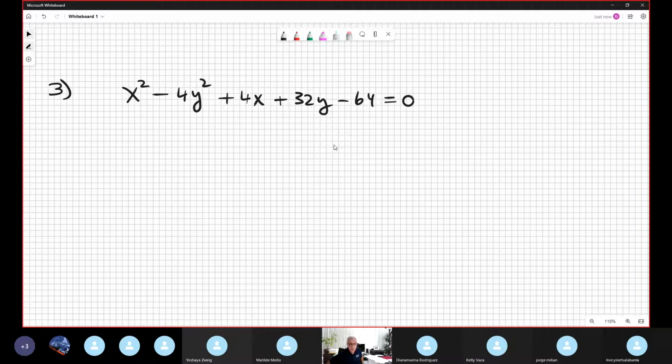What is the clue that gives me the information? When I see the equation, I understand it is a hyperbola. There's x squared and y squared. So when you have x squared and y squared present, is it also a hyperbola? I think so. No. When it's plus, it's an ellipse.